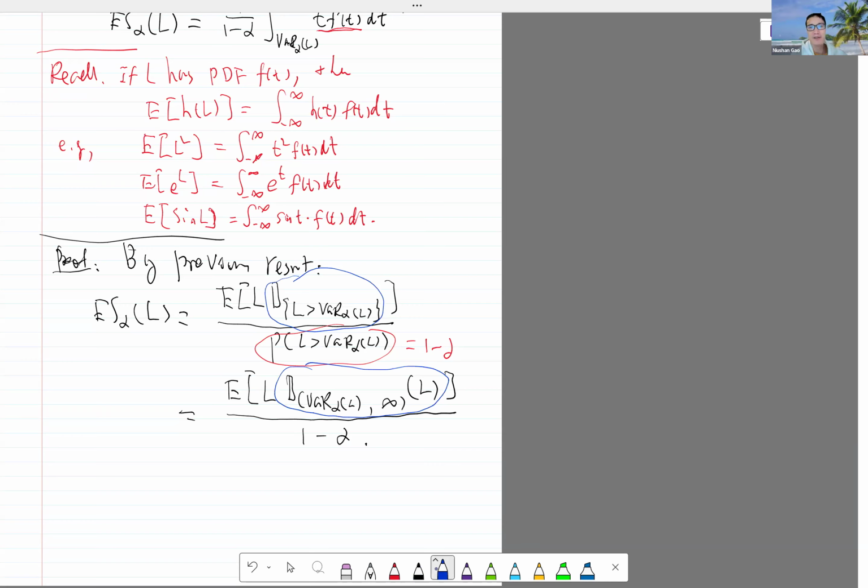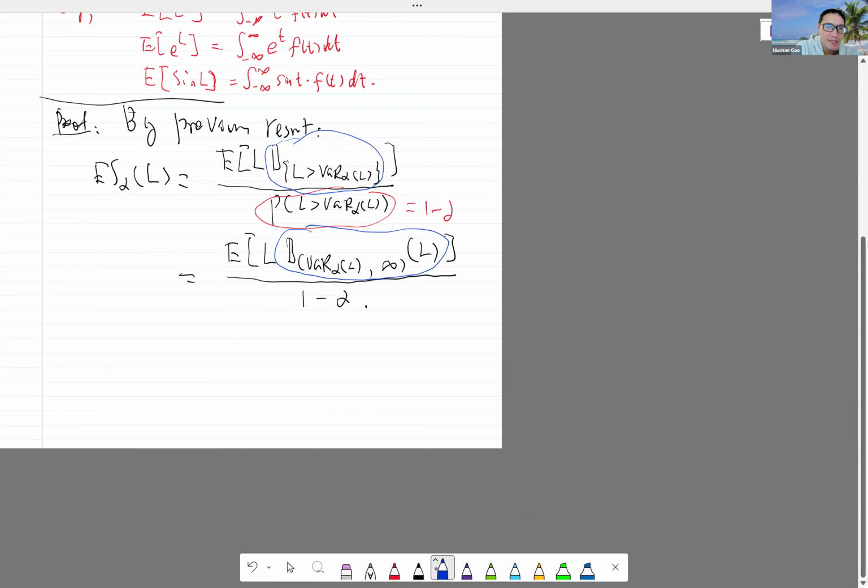Otherwise, it takes the value 0. Now I consider my function h of t equals t times the indicator function of this interval. If t is inside the interval, it takes the value 1. Otherwise, it takes the value 0.